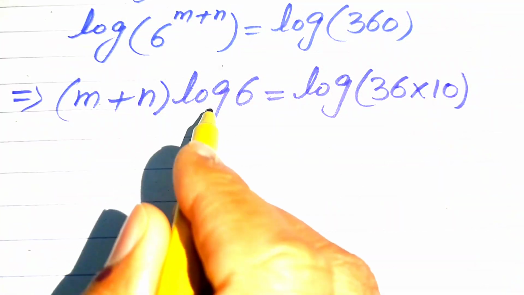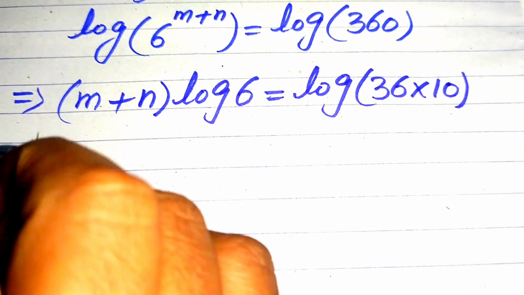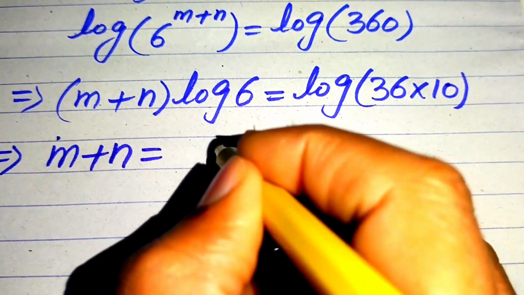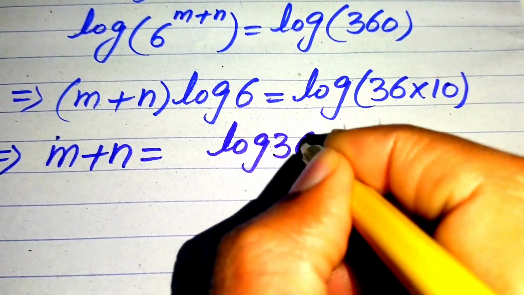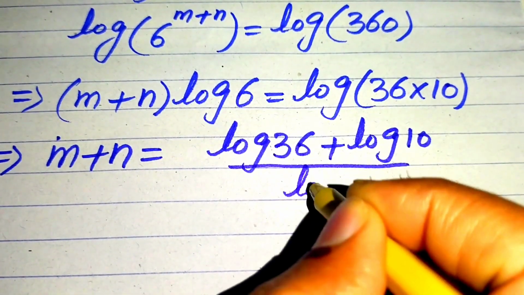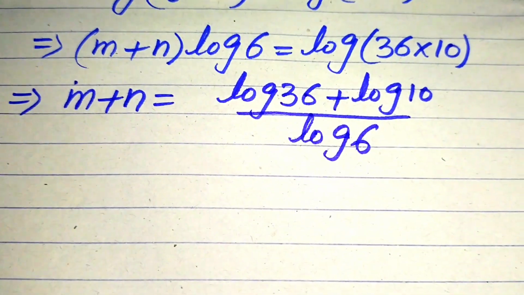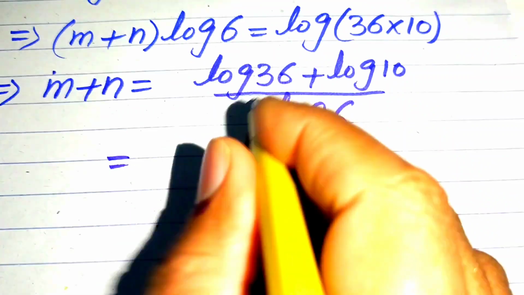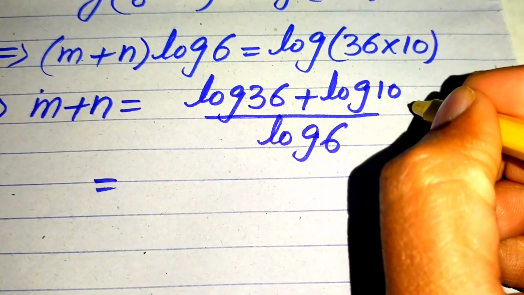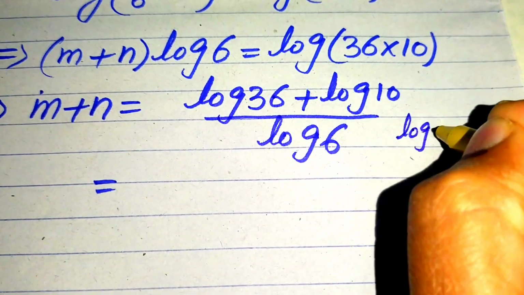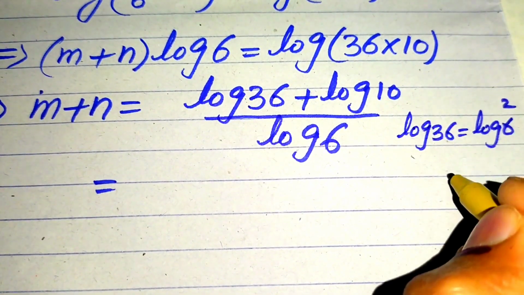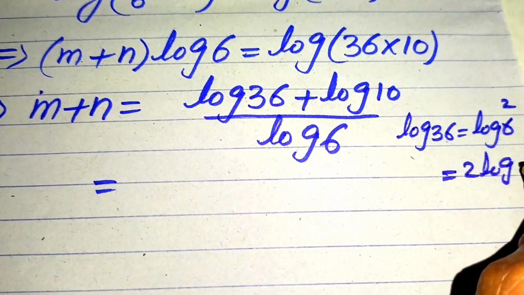So we move this log 6 to the right hand side and we obtain m plus n equals, again using the property of log, log 36 plus log 10 divided by log 6. Now we write this 36 as 6 square, because you know that log 36 equals log of 6 square, and we move this 2 in front of the log and you get 2 log 6.